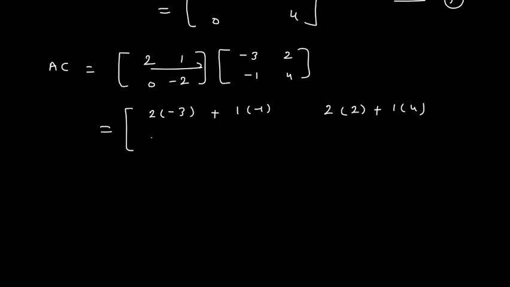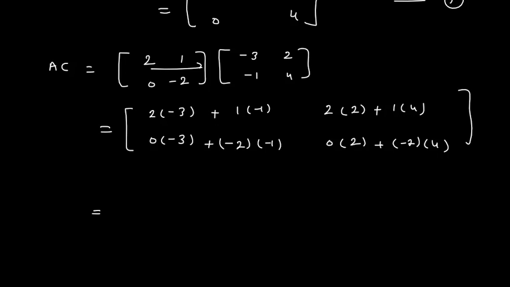So this is equal to minus 6, 1 into minus 1 is minus 1, so minus 7. 0 into minus 3 is 0, and then plus 2. Here we have 2 into 2 is 4 plus 4, here it is 0 minus 8.